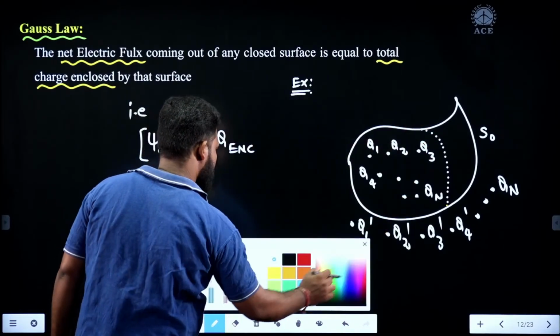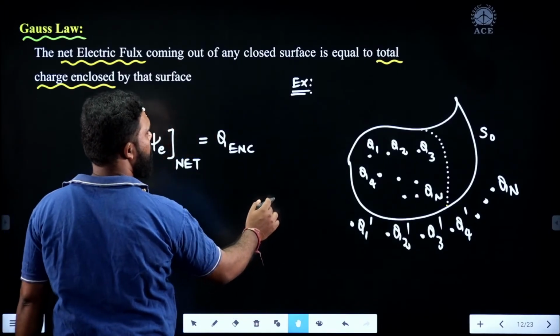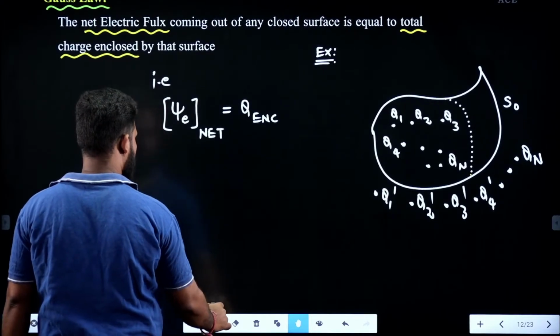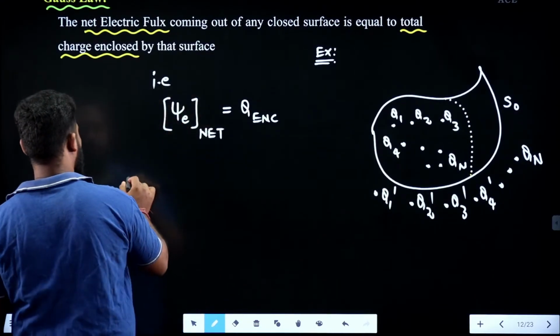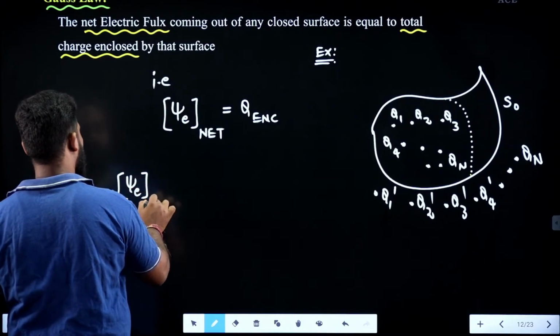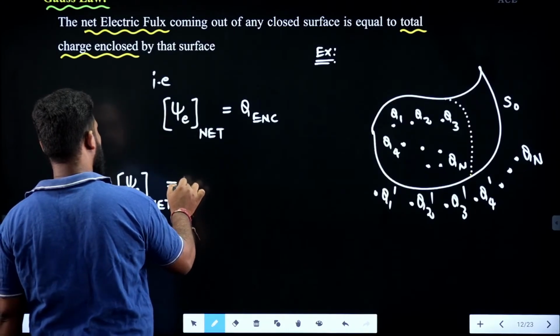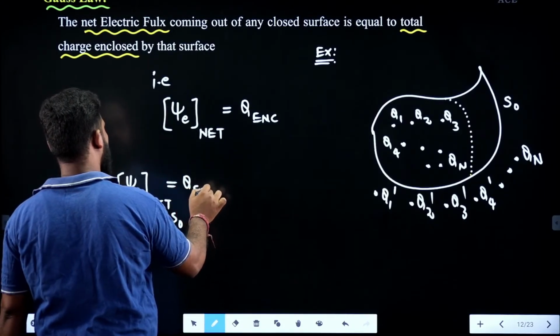According to the Gauss law, what is the net electric flux coming out of the S0 surface? I can write it like this. According to the Gauss law, net electric flux coming from the S0 surface is equal to charge enclosed.